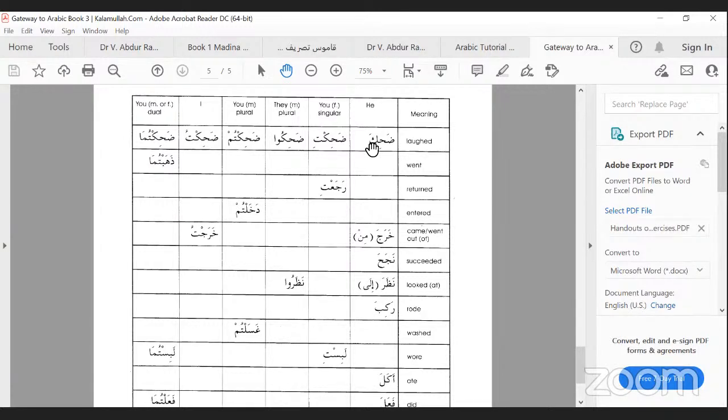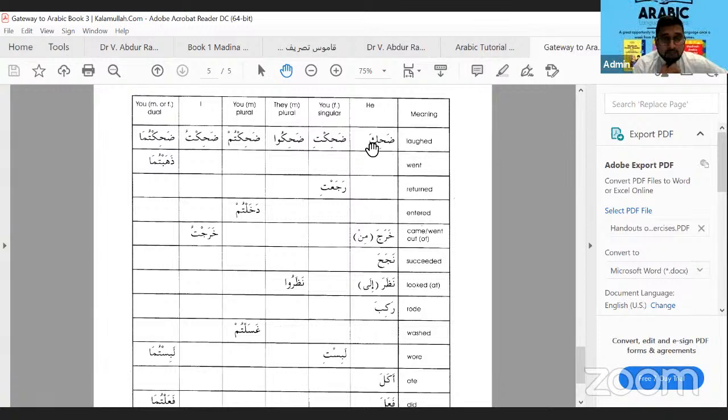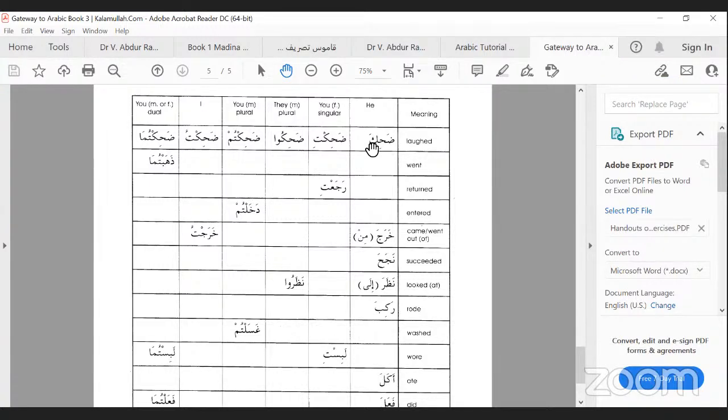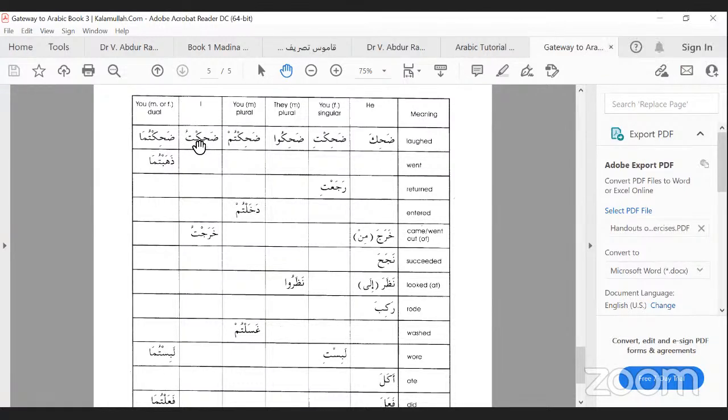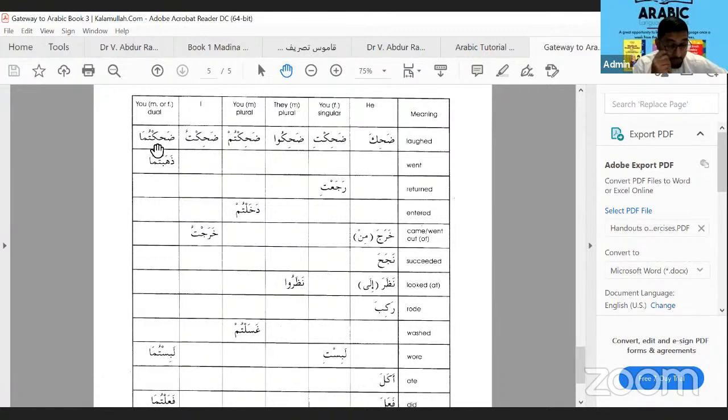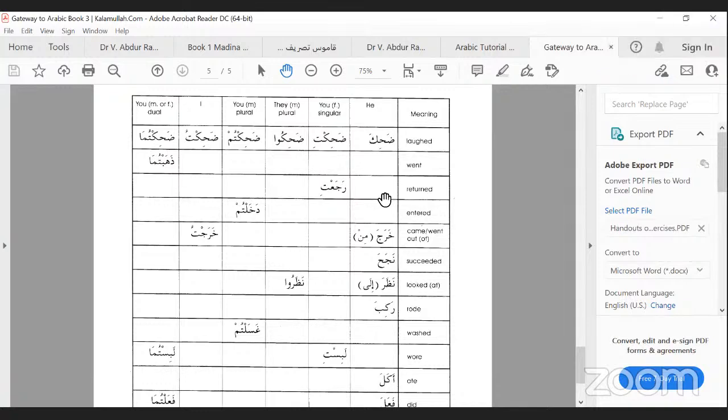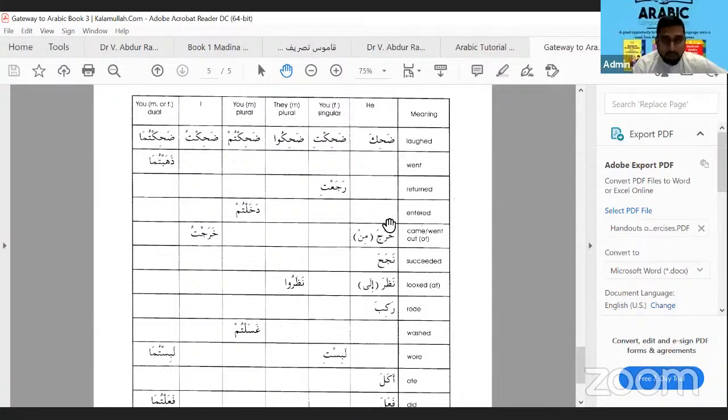They laughed, masculine. ضحكتم. You laughed, masculine. ضحكت. I laughed. ضحكتما. You all laughed. Excellent. Is that clear for you now? Yeah. Brilliant. Next one will be Qurratul Ain.